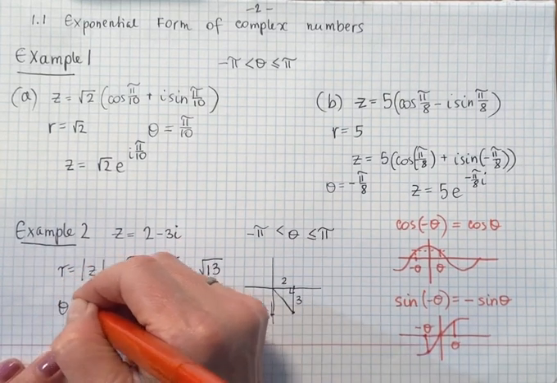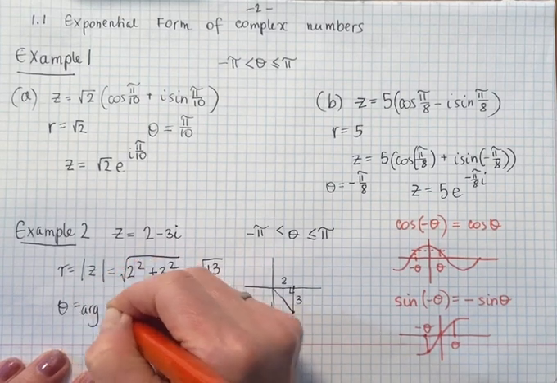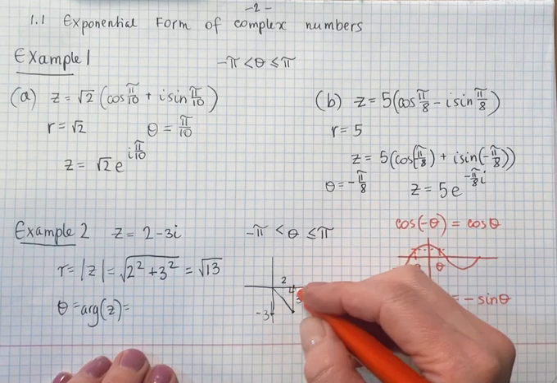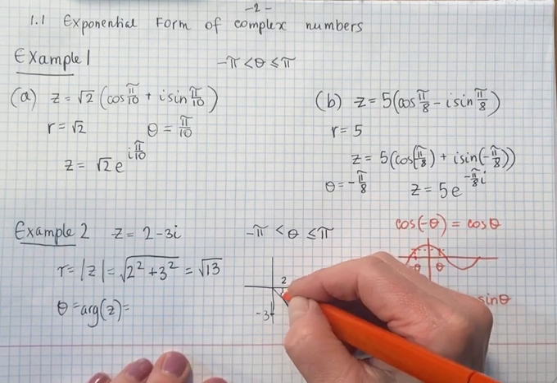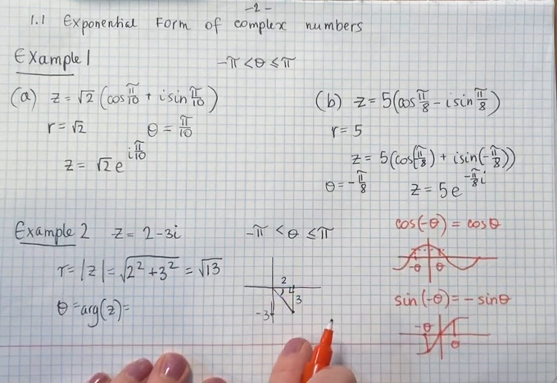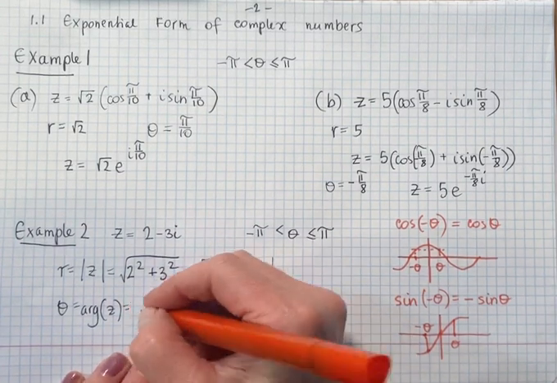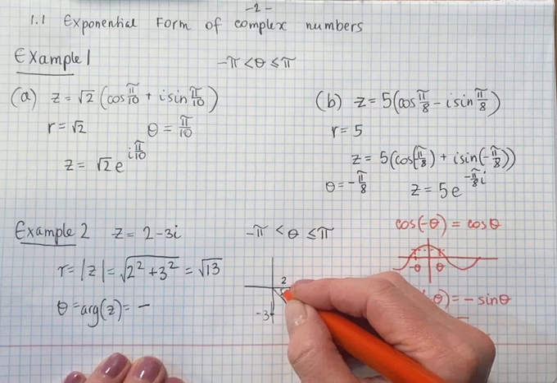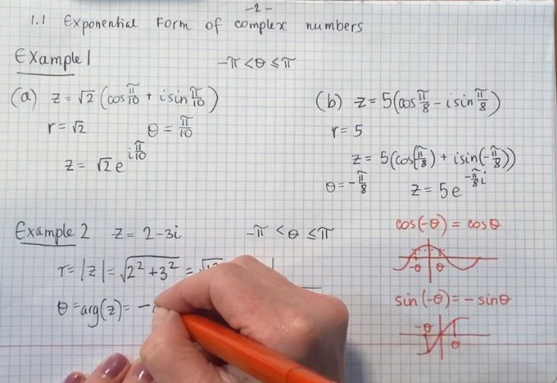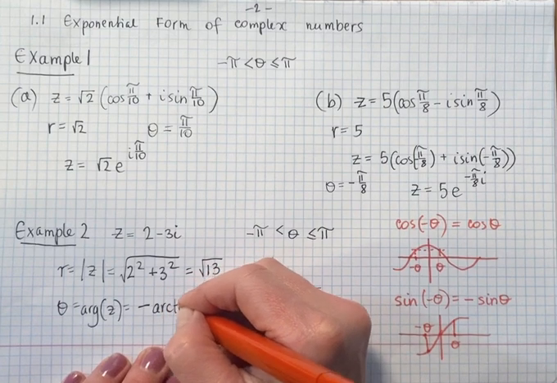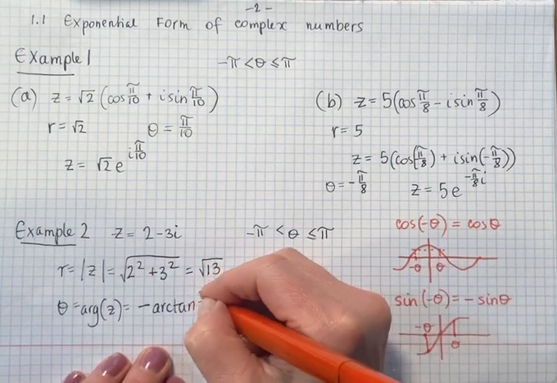Theta, which is your argument, is going to be your arctan, but I'm glad I've drawn it. It's always a good idea. You could use simple trigonometry to work out what arctan of 3 over 2 is, but it's going to be minus because we are below the real axis, the x-axis. Arctan 3 over 2.